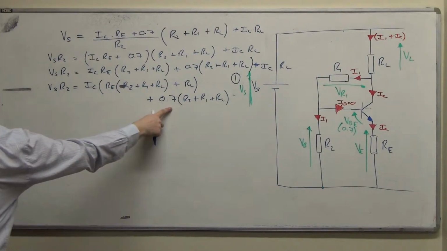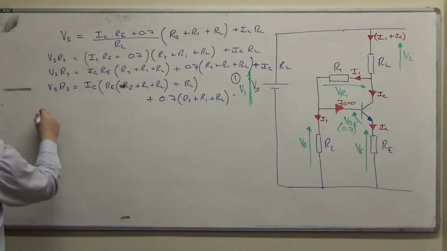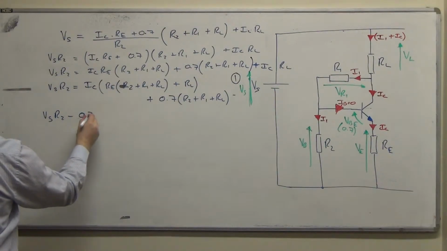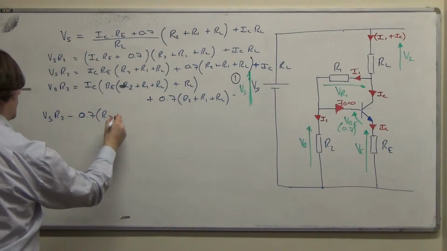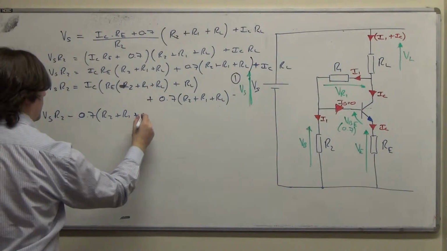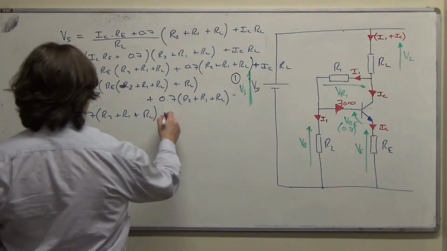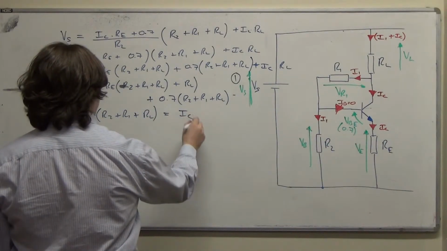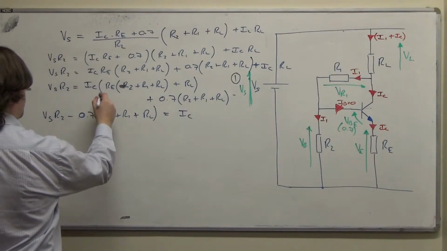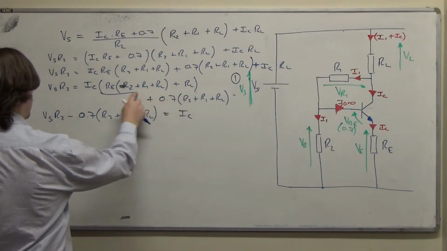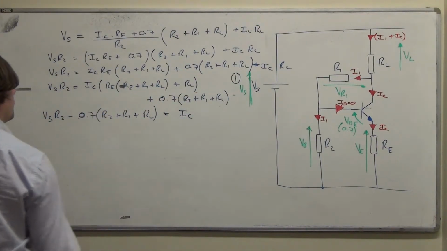So we'll take the 0.7 stuff across, and we'll have VS R2 minus 0.7 times R2 plus R1 plus RL, close brackets, is equal to IC times all of that stuff there, which I'd really rather not write out again because I can't be bothered.